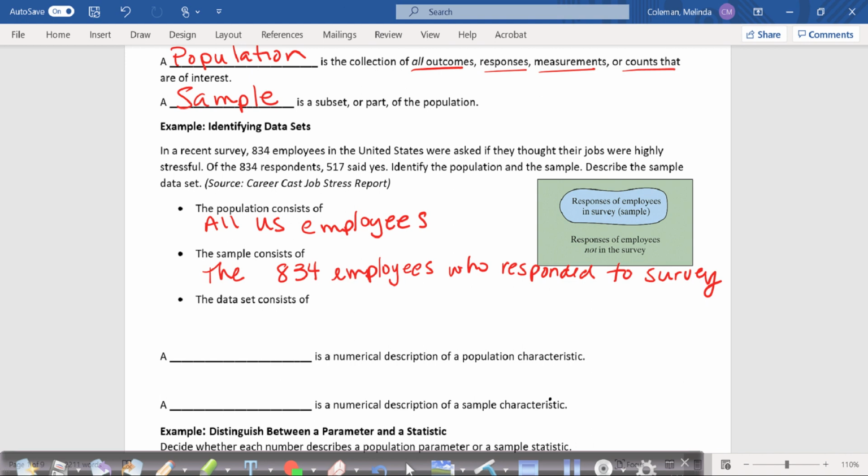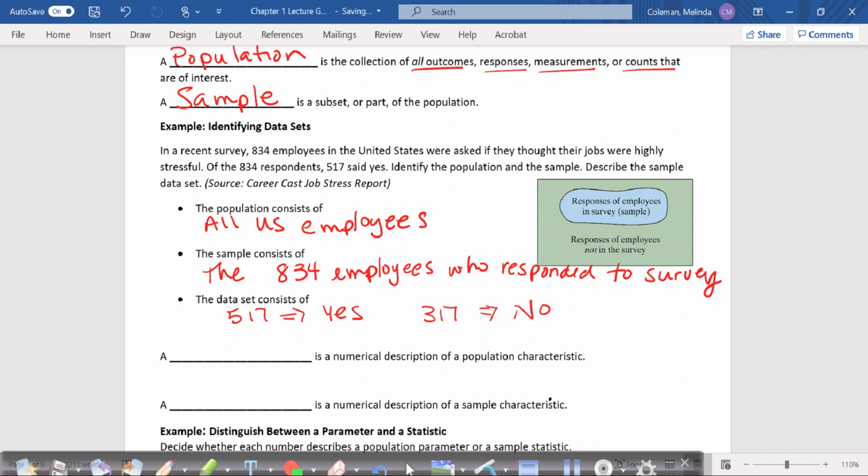The data then consists of 2 responses. There were 517 who responded yes, and the remaining 317 who responded no, that their job was not stressful.